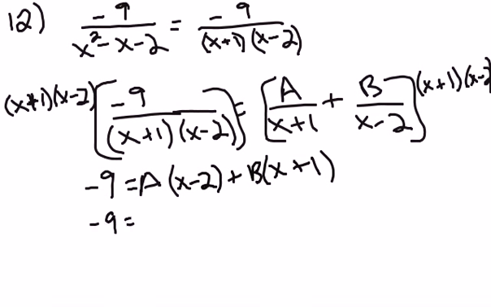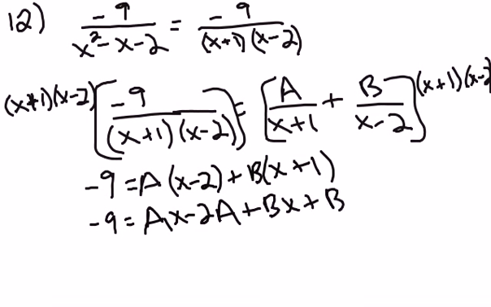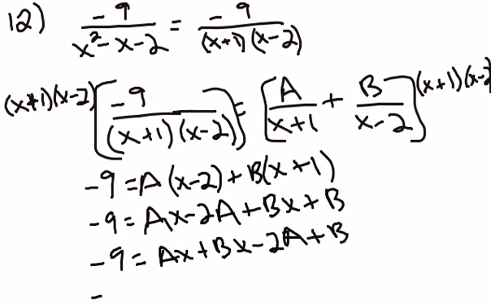Do some algebra. Rearrange so the x's are next to each other. And if you can see what it's going to look like in the end, you can skip these steps, but I like to do this just to make sure that I don't miss anything.